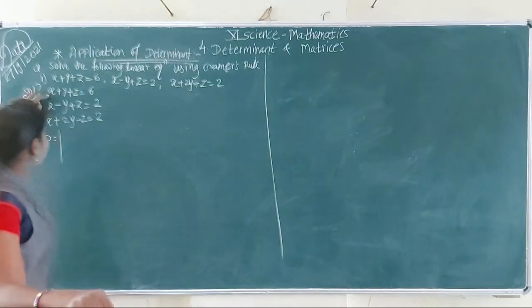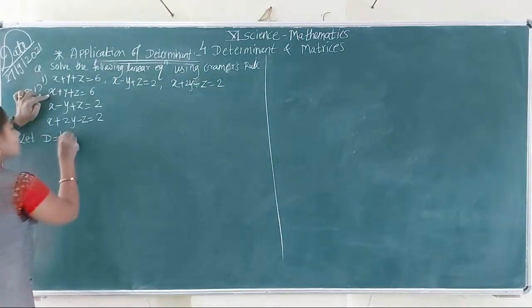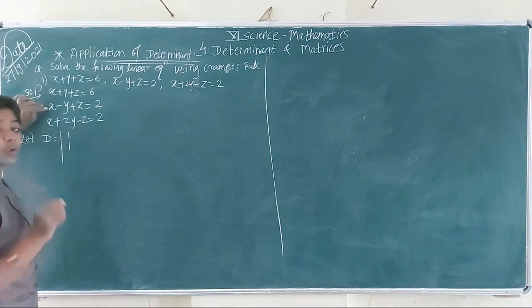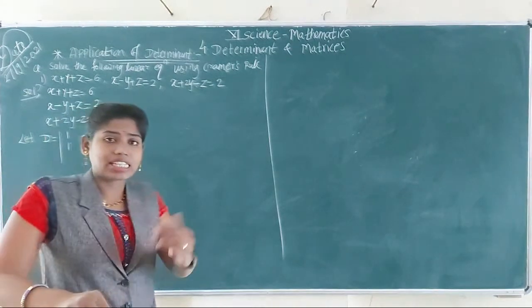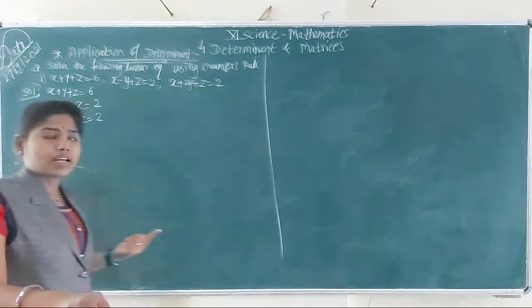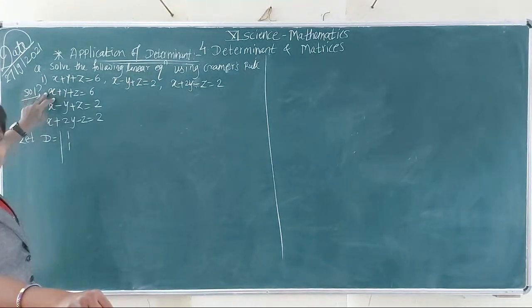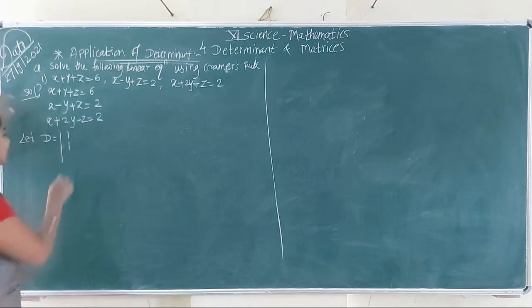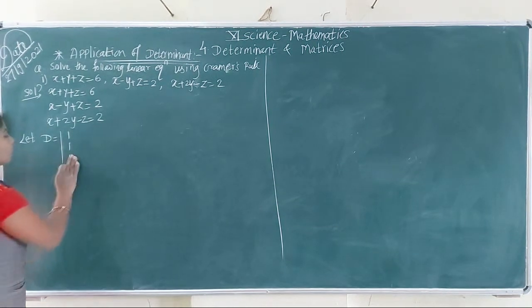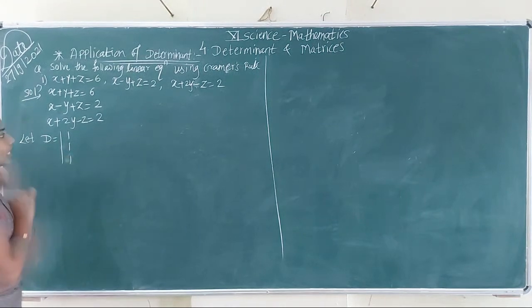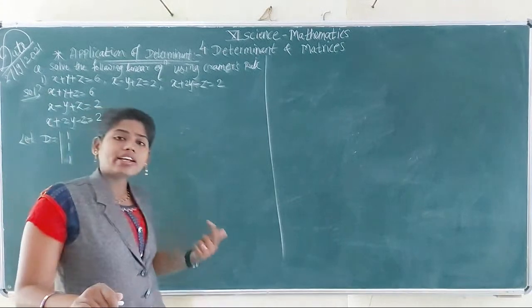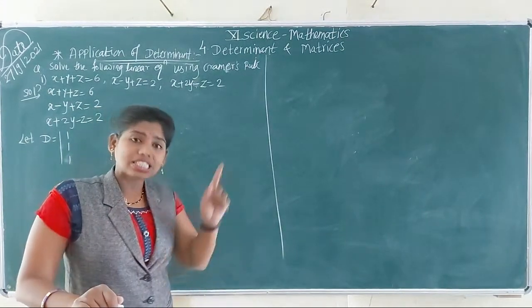The coefficient of x is 1 in the first equation, 1 in the second equation, and 1 in the third equation. In the second column write the coefficient of y with sign.